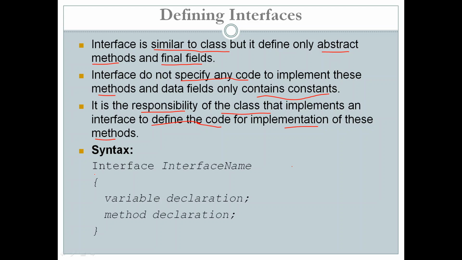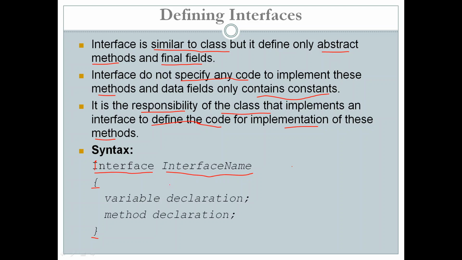So the syntax is the keyword interface. Again, the i here has to be small, remember. So i is small. Interface, then the name of the interface, like we define a class name, same way an interface name. Then we have a body of interface which is defined by curly bracket open and curly bracket close.